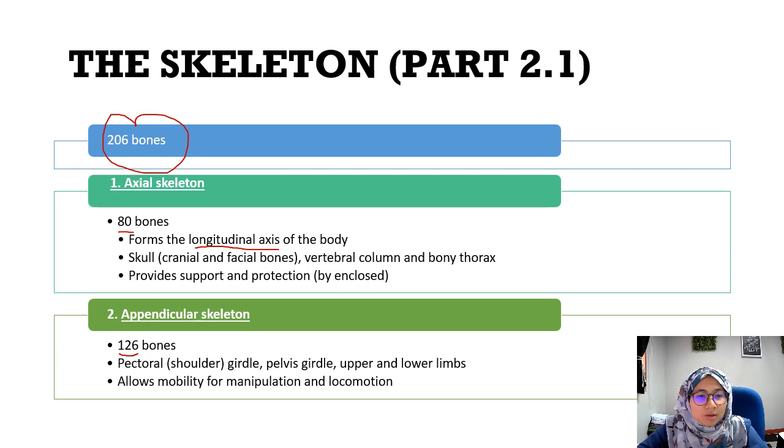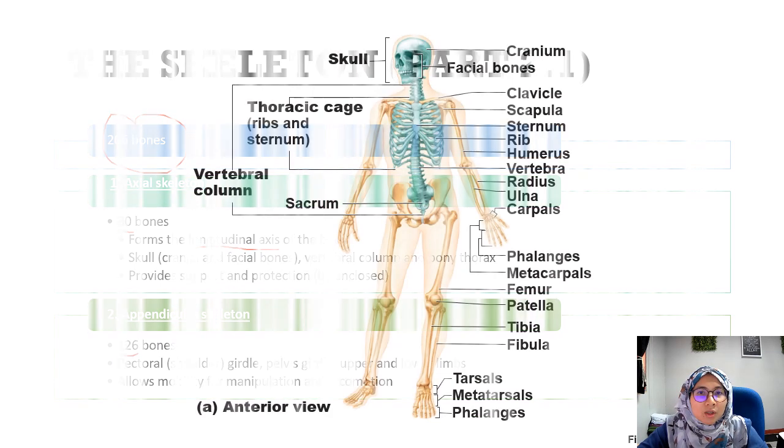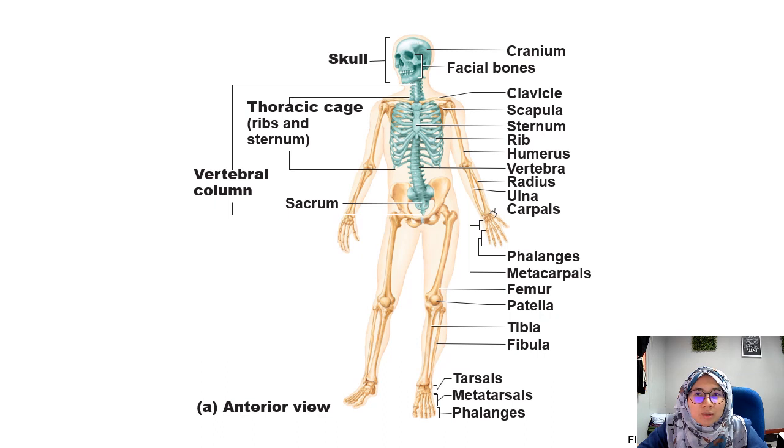The appendicular skeleton consists of our pectoral girdle, which is our shoulder, the pelvic girdle, and the upper and lower limbs. Its function is mobility, manipulation and locomotion. You can see here this is our axial skeleton, the light green color, and the rest is the appendicular skeleton.